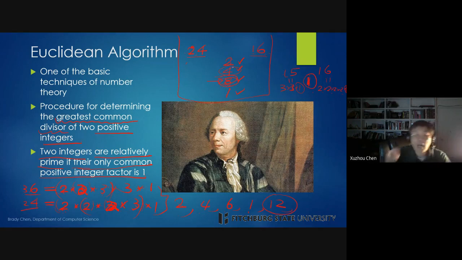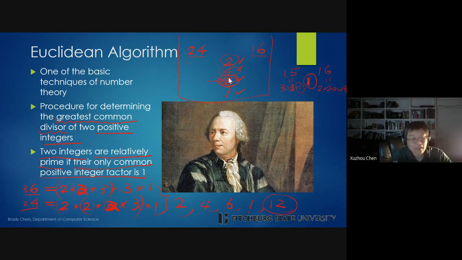So any common divisor of 24 and 16 is also a divisor of the greatest common divisor. So any divisor of 24 and 16 can also divide 8, the greatest common divisor.